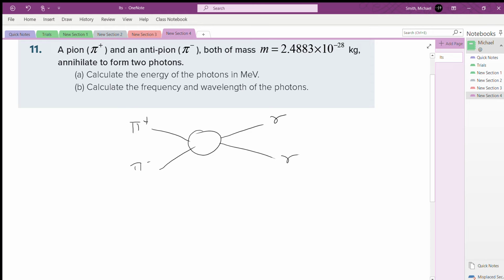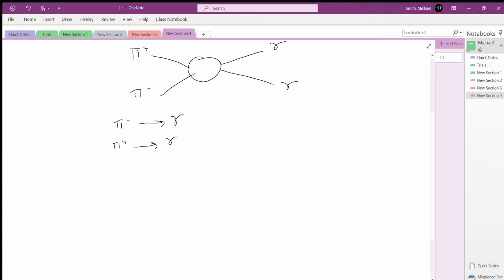Now, we know that since they both have the same mass, then essentially we have one of the pions having all the energy being converted into a photon, and similarly for the antipion, the other way around. So both of those each are going to a photon. So if we use our mass-energy relationship for one of those masses, that'll be the same as the energy of one of the photons. So we'll just do the calculation like that.